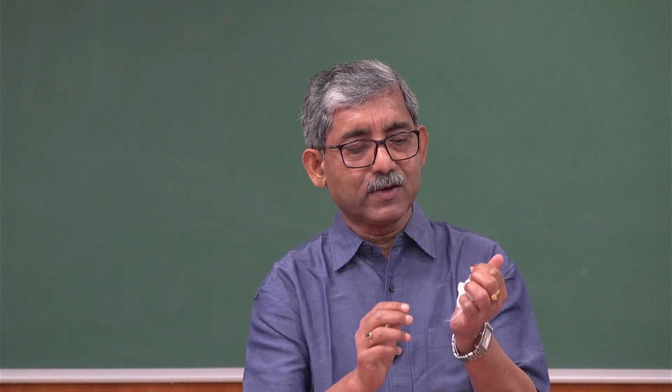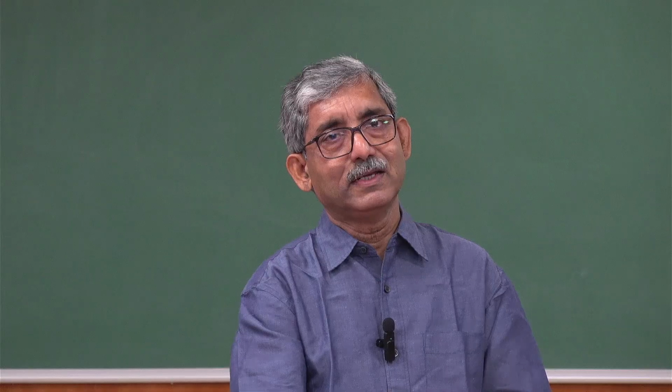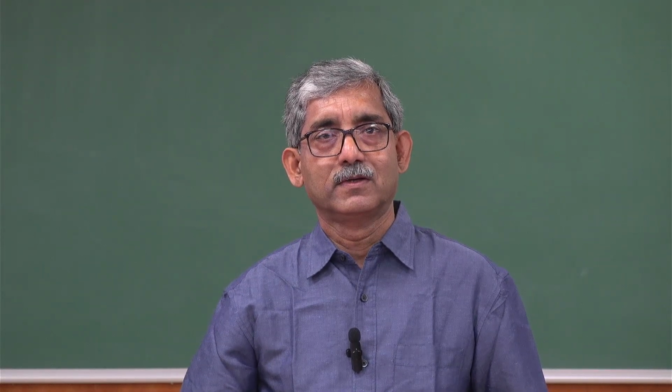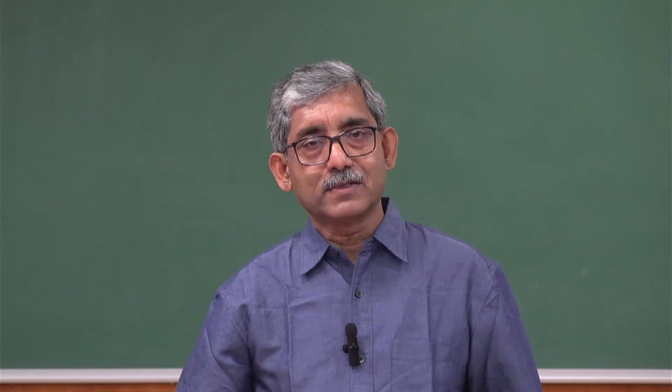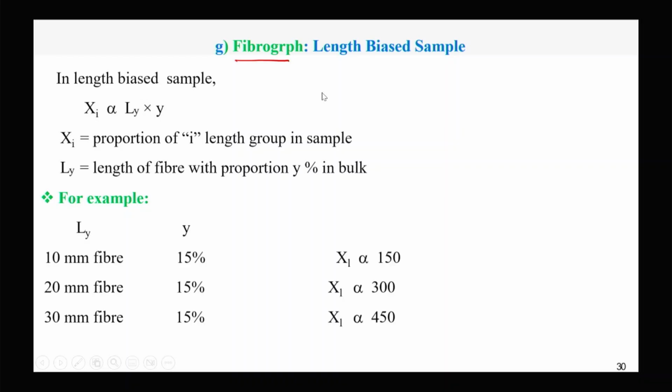So, when we take the fibers from the surface, we pick the fiber in the length biased fashion, where, as we have discussed, the proportion in the sample gets changed, which is different from the population, and it is changed in this fashion.